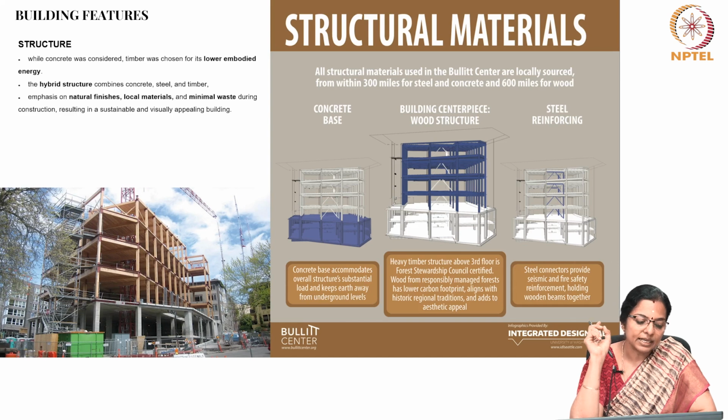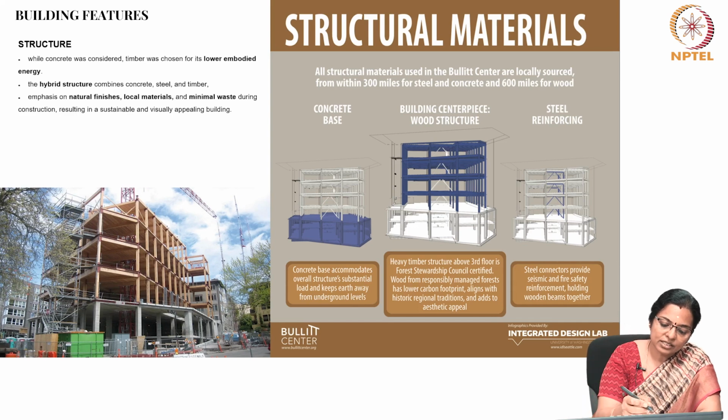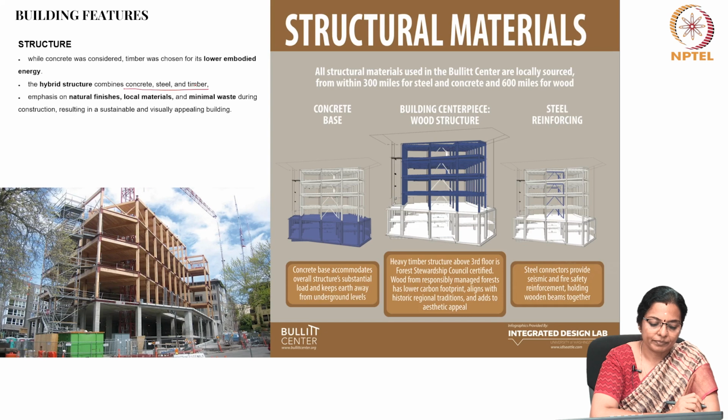Next is the building structure. While concrete was considered, timber was chosen for its lower embodied energy. The hybrid structure combines concrete, steel, and timber.